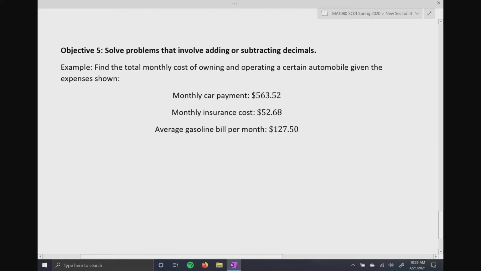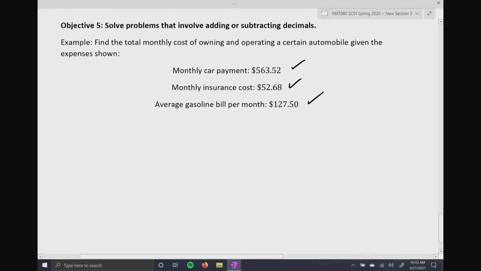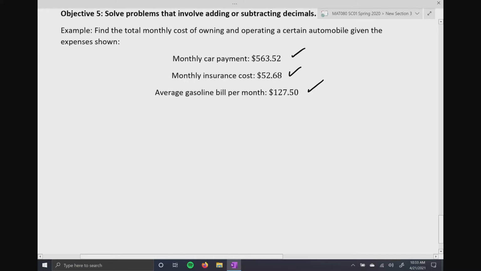So, example: find the total monthly cost of owning and operating a certain automobile given the expenses. We have a monthly car payment, some insurance, and a gasoline bill when you go to the pump. This is something that I think people, when they buy a car, really don't think about. Just because you have a car payment, that doesn't mean that's how much it costs to operate that car per month.